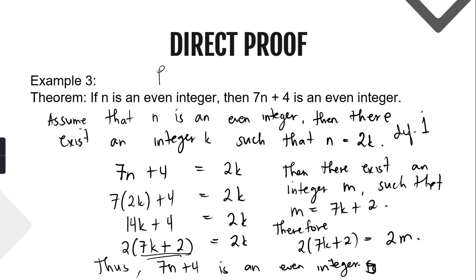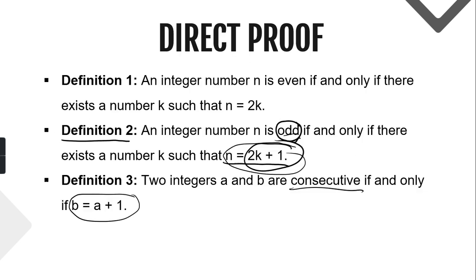Okay po, so ayun lamang for our first lesson or lesson number 4, which talks about direct proof. Again, remember the three definitions here. Ayan, definition number 1, an integer number n is even if and only if there exists a number k such that n is equal to 2k.